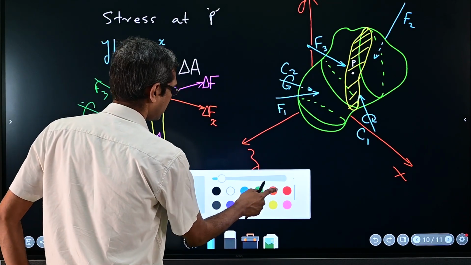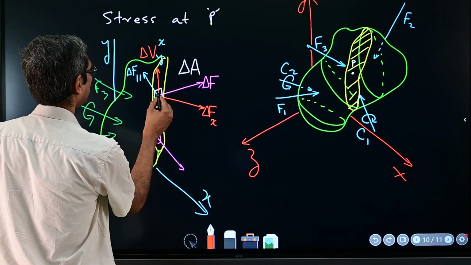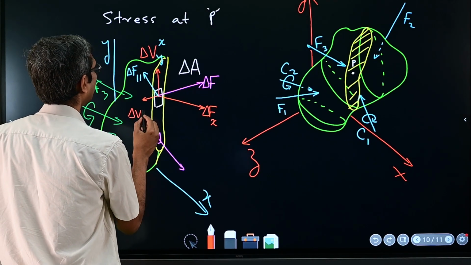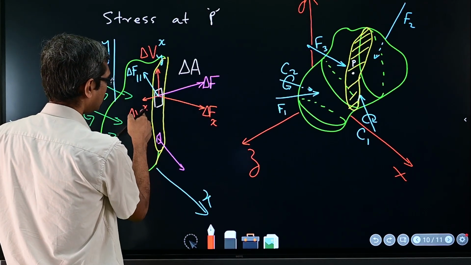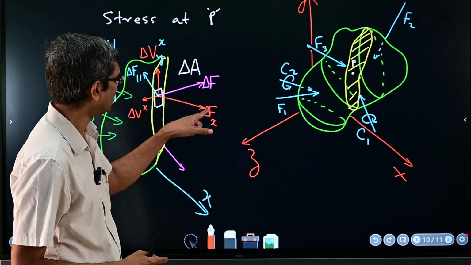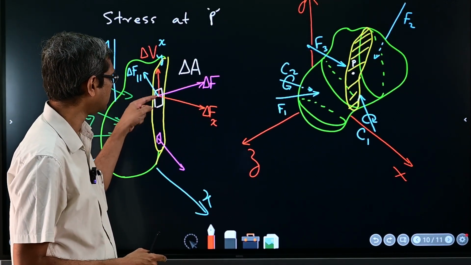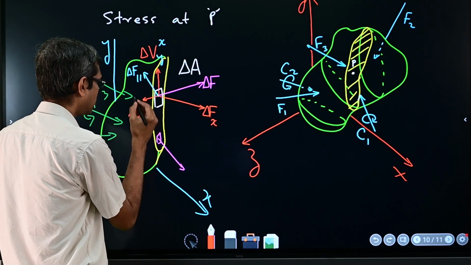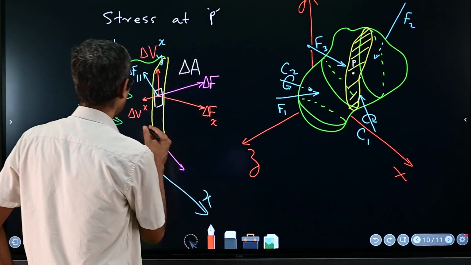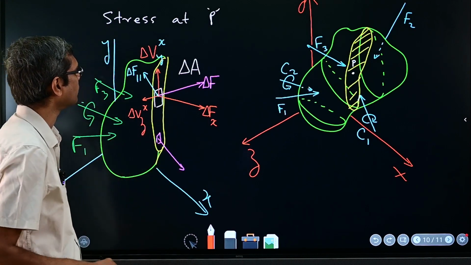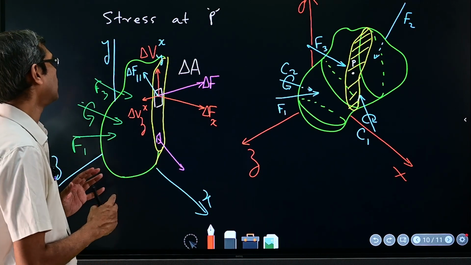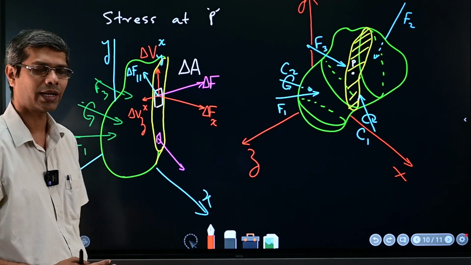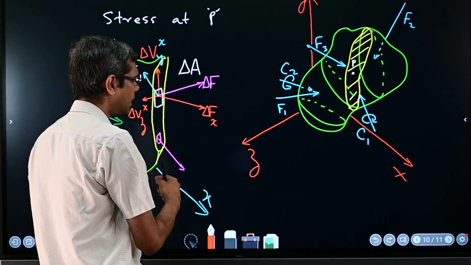Similarly, I can get the other component, which will be delta V, again this superscript x is saying that the area's normal is in the x direction, and this I'm resolving in, sorry, not in y but in z, in the z direction. Okay, so that's how we have resolved all these forces, and now we are in a position to define the stresses on this elemental area.